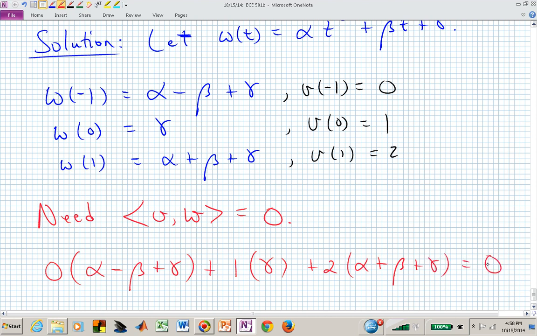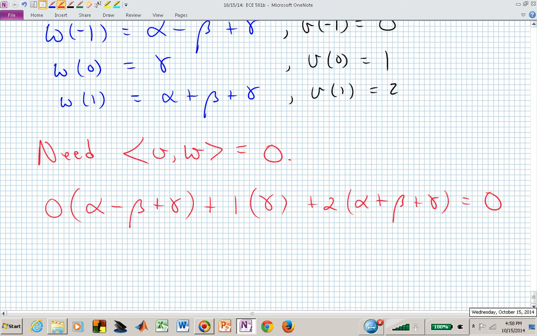And we want that to be equal to 0. First piece goes away nicely, or fortunately for us, and now we just have 2 alpha plus 2 beta plus 2 gamma plus 1 more gamma. Or we have 2 alpha plus 2 beta plus 3 gamma equaling 0.